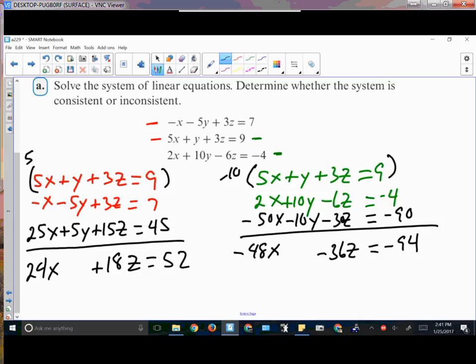Now, is this going to happen, that you're going to get big ugly numbers? Yes. This does happen. Sometimes that's why I'll try to pick smaller numbers. Personally, I probably would have gotten rid of the z's on this one because I've got that 3 and that negative 6. But again, it doesn't matter which ones you go for.